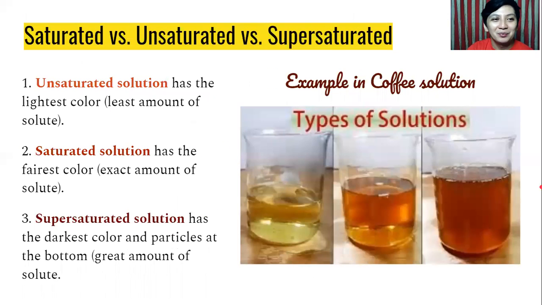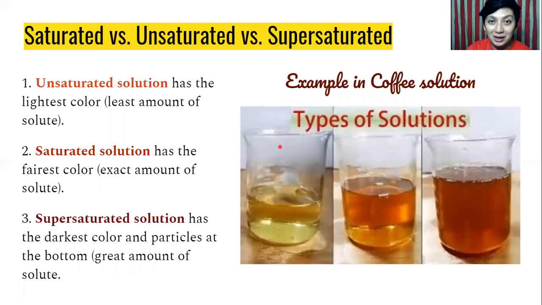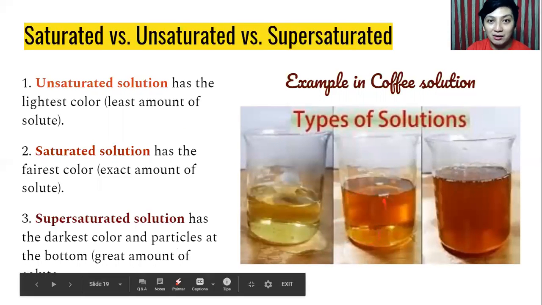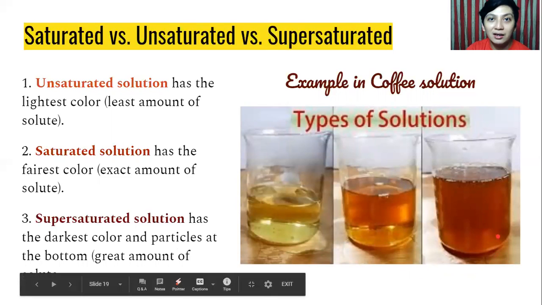And now, let's talk about the three. This is what I have told you a while ago. We have saturated, unsaturated, and supersaturated. So unsaturated solution has the lightest color, least amount of solute. This is what it looks like. And saturated solution has the fairest color, which means exact amount of solute, and this is what it looks like. And the third one is the supersaturated solution, which has the darkest color and particles at the bottom, which means a great amount of solute in a given solvent.